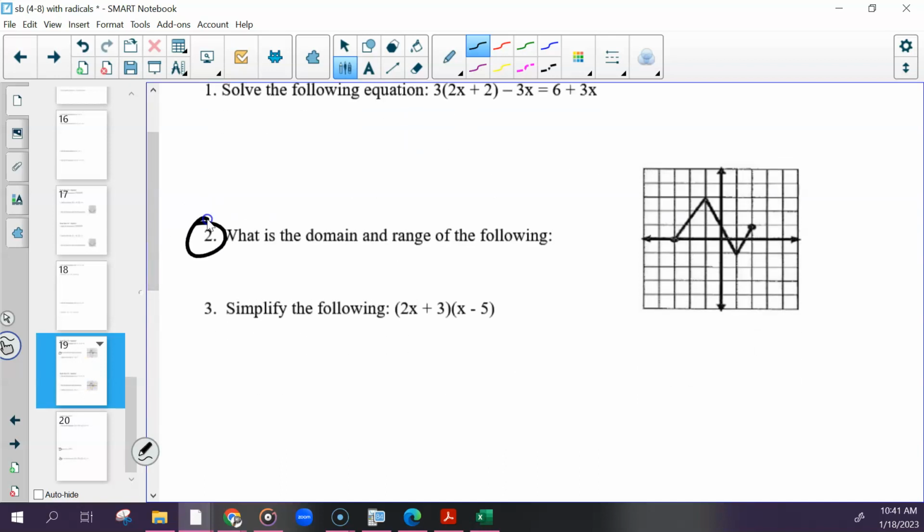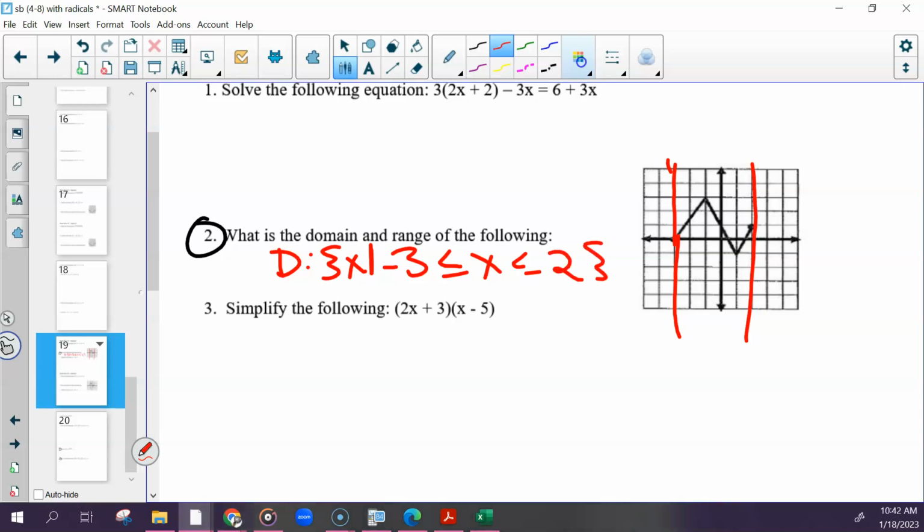So let's start with 2 and then see how much time we have. For domain, you're looking furthest left and furthest right. What is the furthest point to the left? Just think. -3. So -3 is less than or equal to x, which is less than or equal to, what is our furthest point to the right? +2.